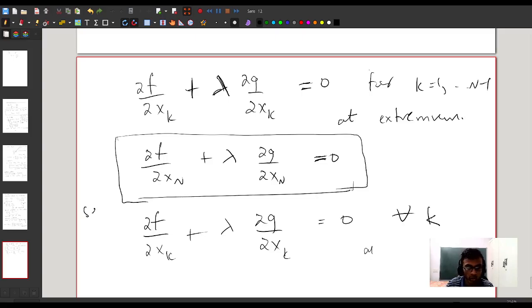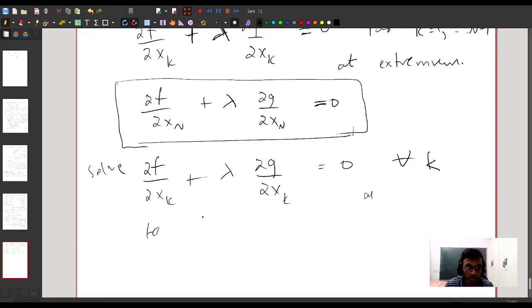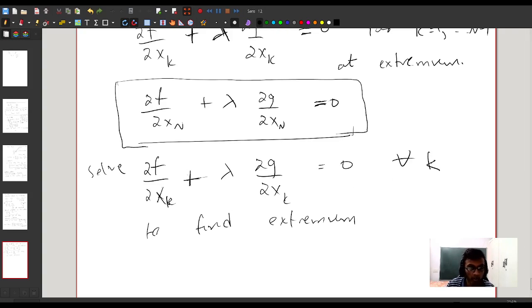Yeah, so this is the general method of Lagrange multipliers.